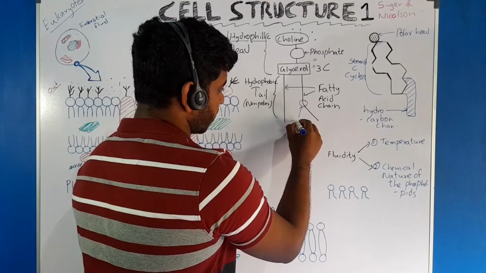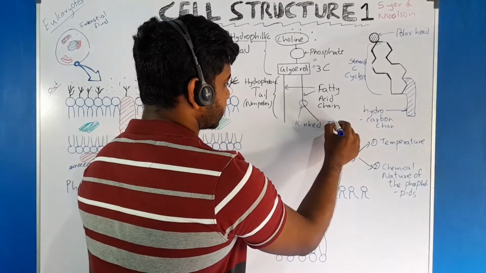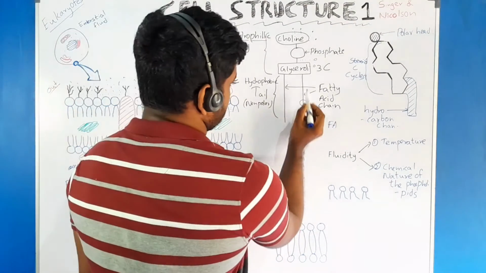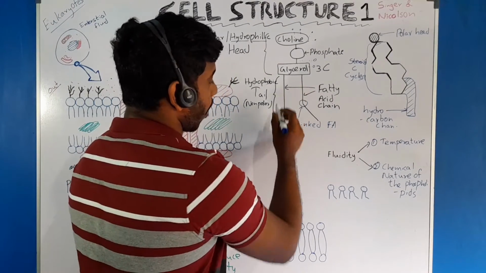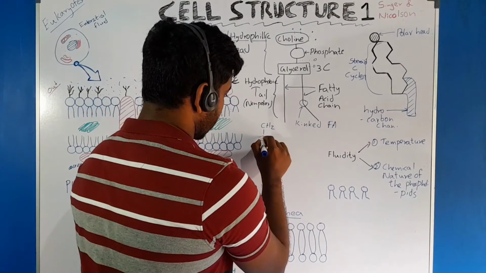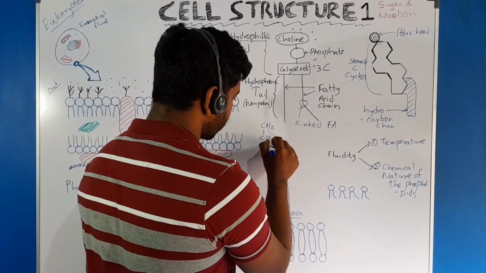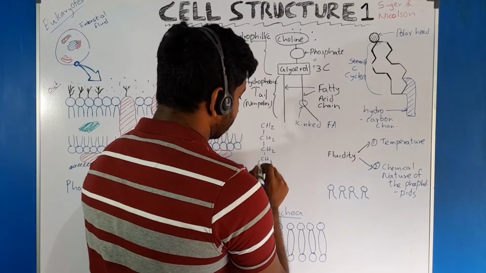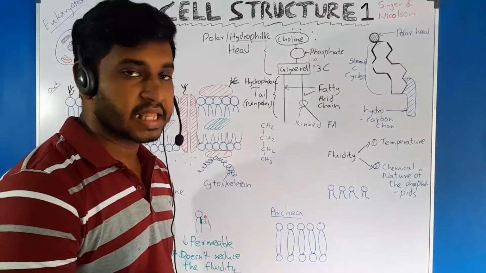We call this a kinked fatty acid chain. What is a kinked fatty acid chain? In this straight fatty acid chain, all the carbon atoms are bound by single bonds. So they have made the maximum number of chemical bonds they can make.